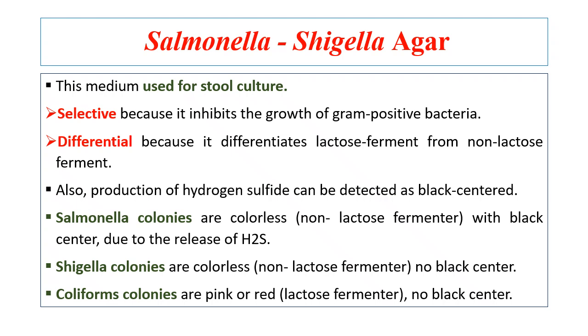The coliform colony, like the E. coli colony, appears as a pink or red color because it is a lactose fermenter bacteria. But this type of bacteria does not release hydrogen sulfide. So the colony of these bacteria is without the black center.